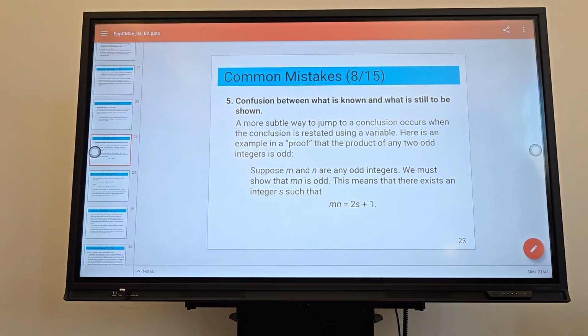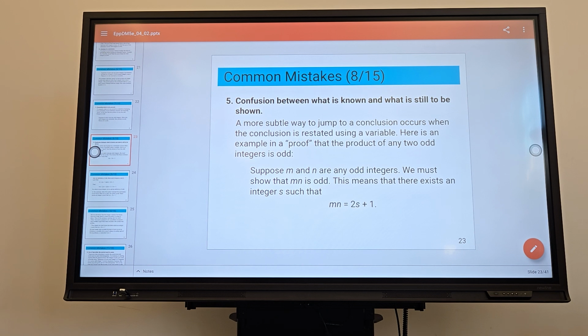Confusion between what is known and what is still to be shown. A more subtle way to jump to a conclusion is when the conclusion is restated using a variable. Consider this one. Suppose m and n are any odd integers. We must show that m times n is odd.